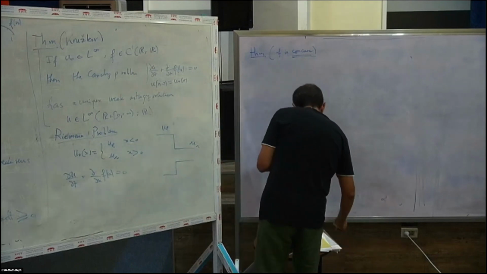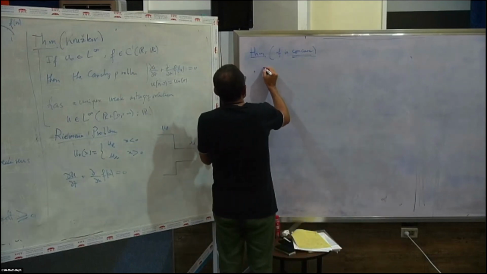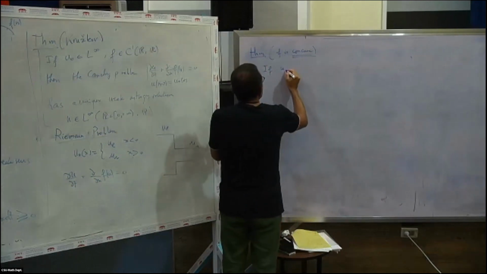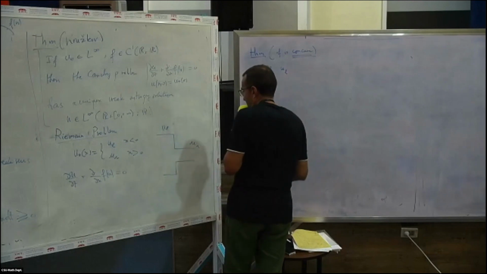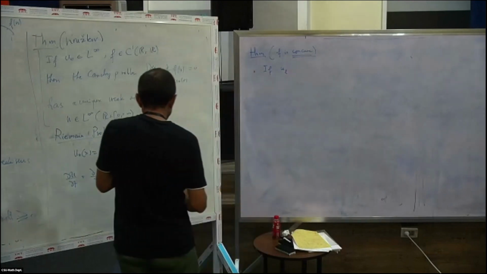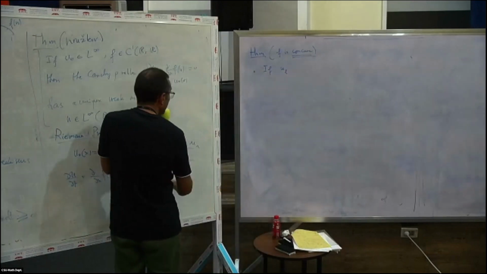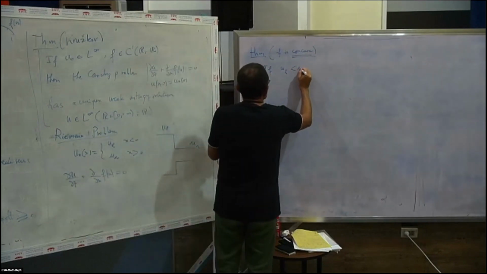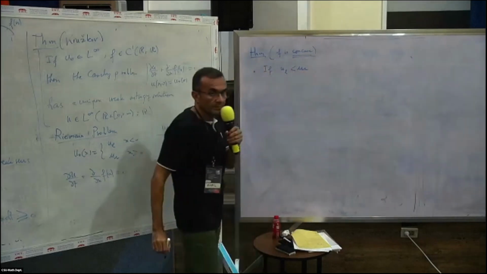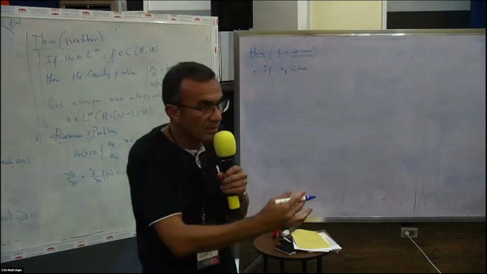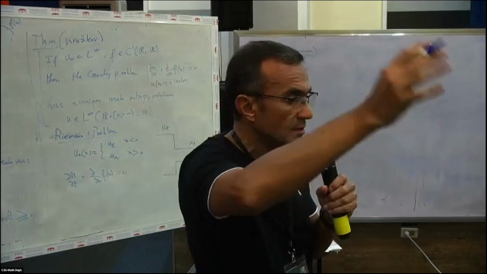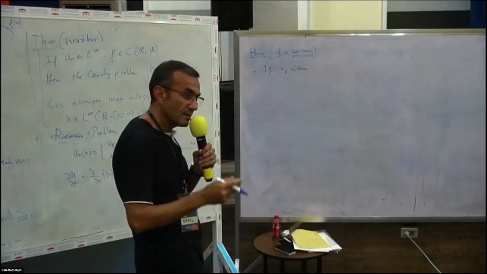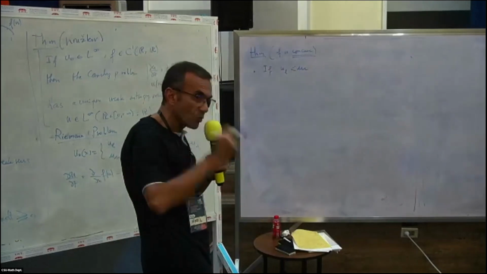First, assume that UL, left, is less than UR. Like UL is 1/3 and UR is 1, because cars are stopped and the others are arriving. In this case, we get that the entropy solution is this shock wave.